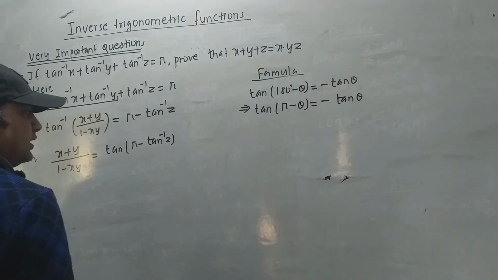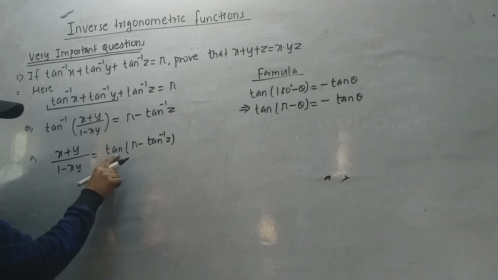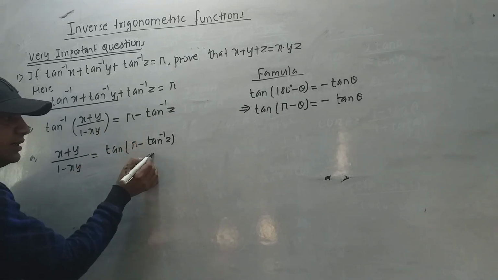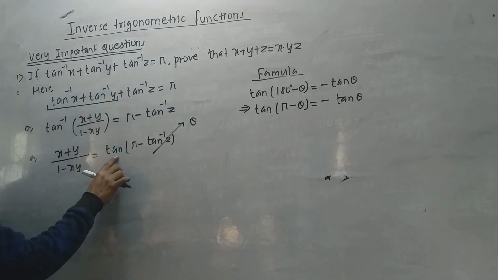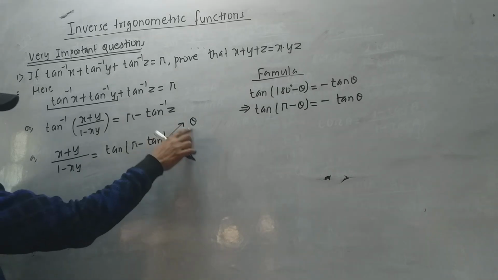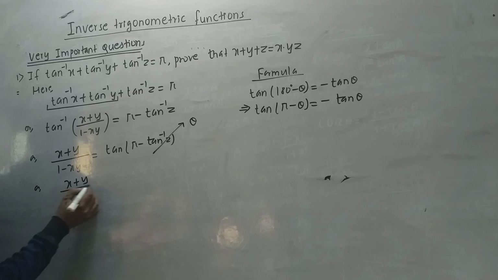Now be careful, this is the major step here. Tan of 180 minus this tan inverse z, you suppose that is theta. So tan of 180 minus theta, and on the left, x plus y divided by 1 minus xy.